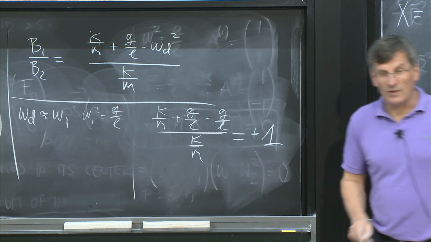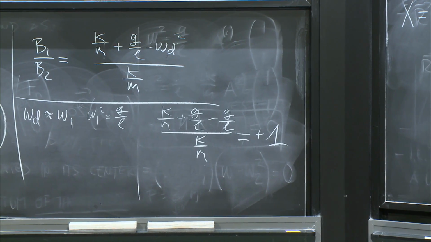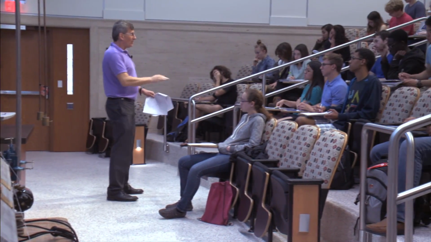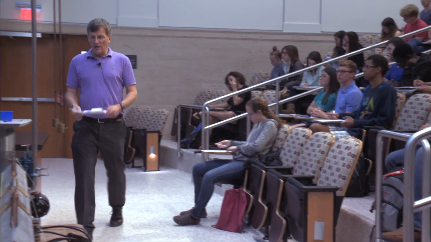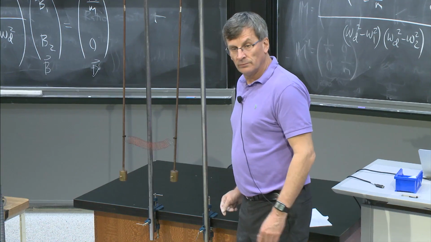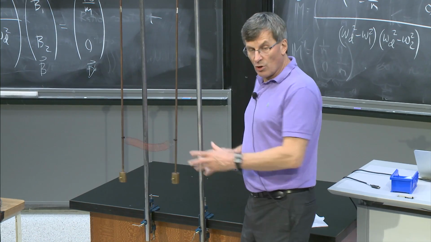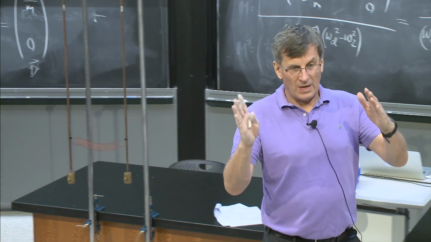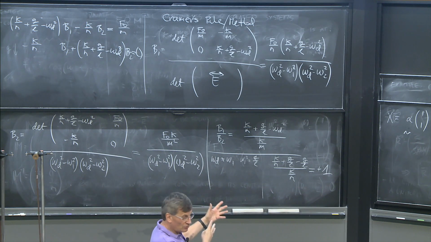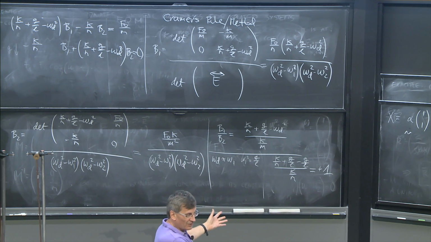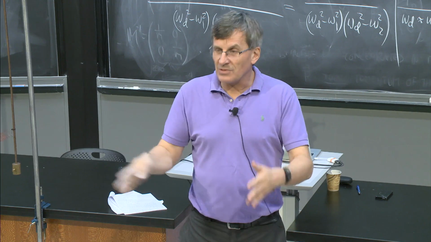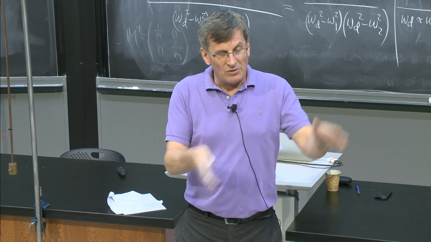K over M over K over M is plus 1. That's interesting. So if I drive at the frequency which corresponds to omega 1, and omega 1 was the oscillation where both masses were going together, the characteristic normal mode had the ratio of the two masses equal to 1. And here I'm getting that the system is driven at this type of mode. Again, the ratio of the driven amplitudes is equal to 1.